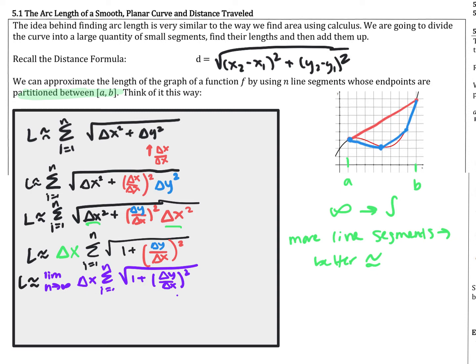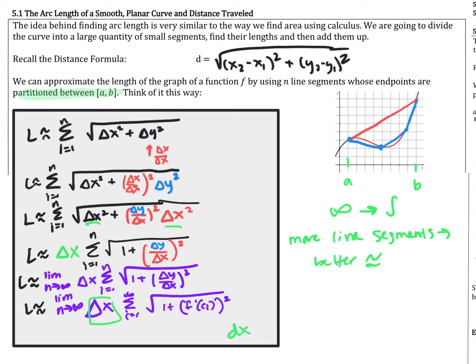So, moral of the story, we can substitute in f prime of the value we're looking for to write this as a limit. I can't use x here because I need this to change as i is changing, so I'm just going to call that c sub i. Now if I wanted to change this to an integral, this delta x is going to become my dx.